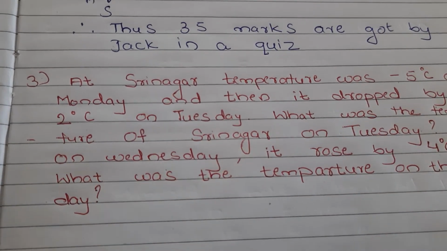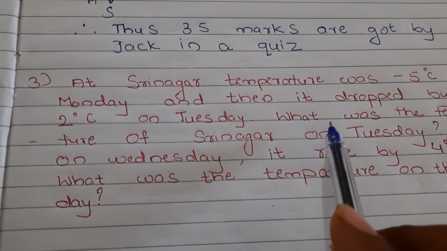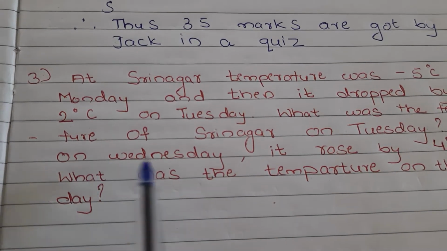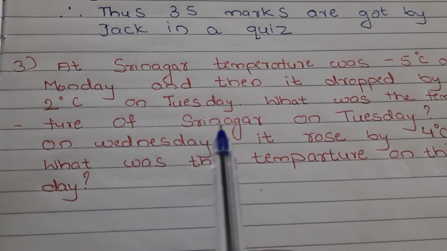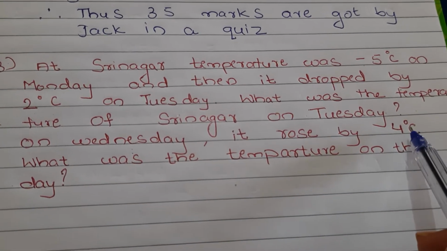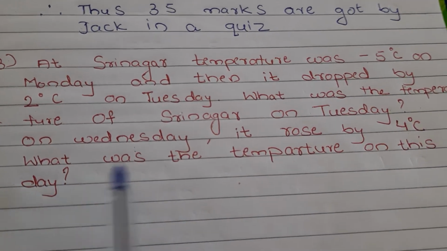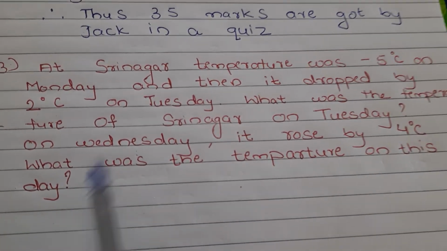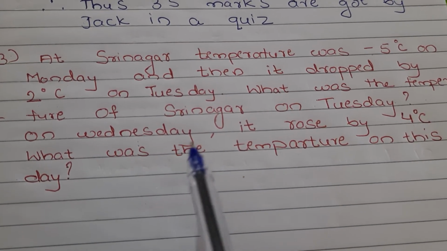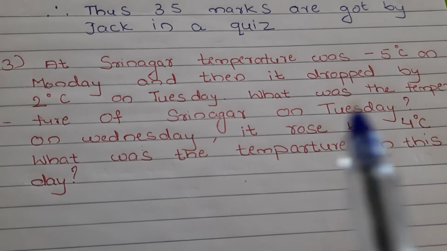What was the exact temperature on Tuesday? We have to find. After that, on Wednesday, it rose by 4 degrees. Rose means it will increase by 4 degrees Celsius. We have to find the temperature on Tuesday and Wednesday in Srinagar.